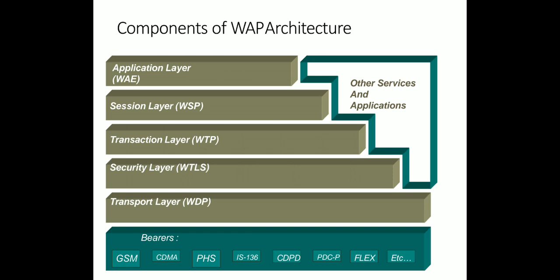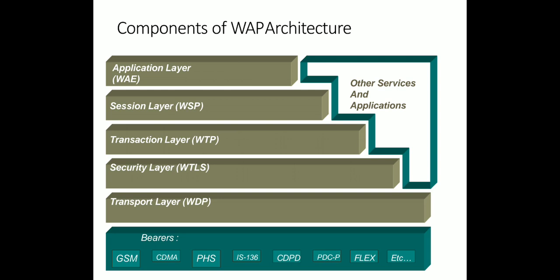I have drawn some components of the WAP architecture, as shown in the figure. First you can see the transport layer, security layer, transaction layer, session layer and application layer.